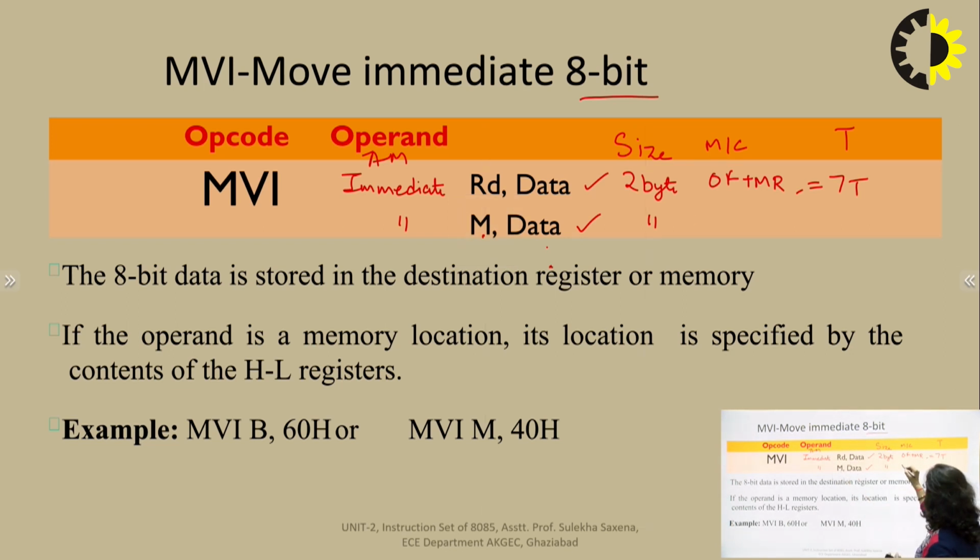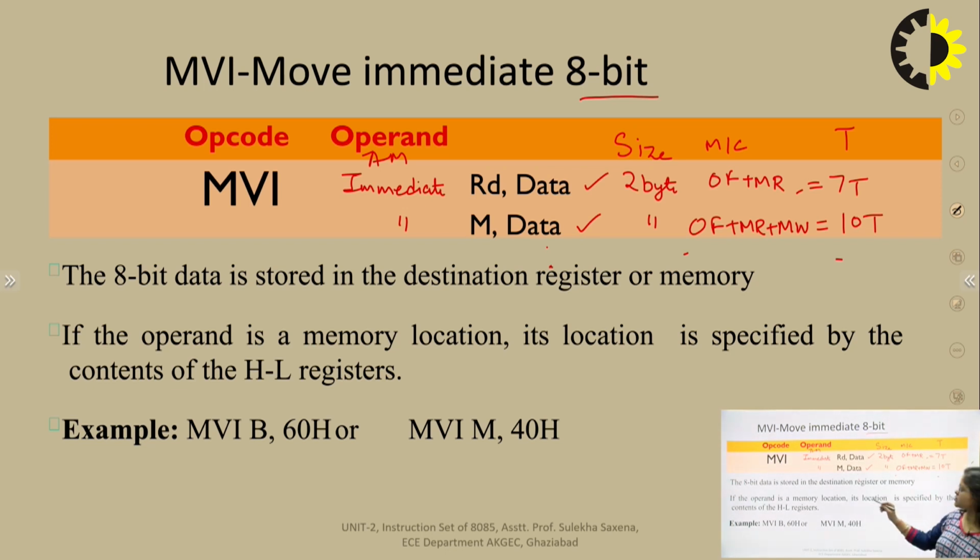So there are 3 machine cycles, that is opcode fetch plus memory read plus memory write, that is 4 plus 3 plus 3, 10 T states. So this is the overall classification of MVI instruction: addressing mode, size, machine cycle and T state.